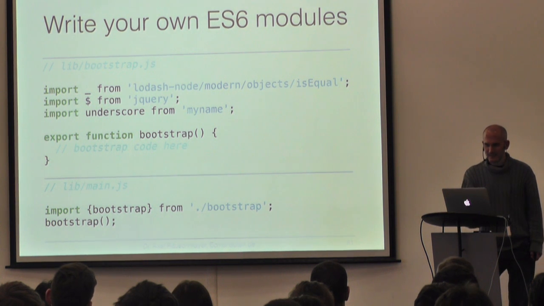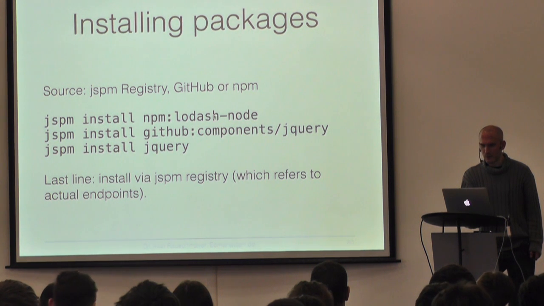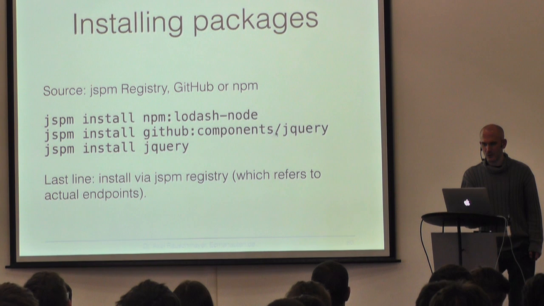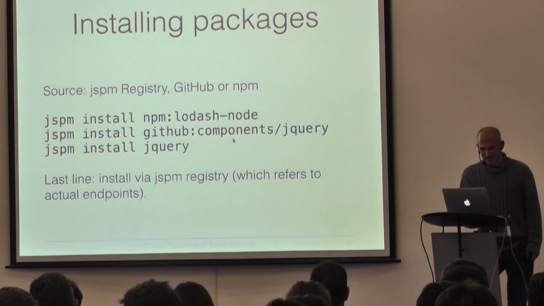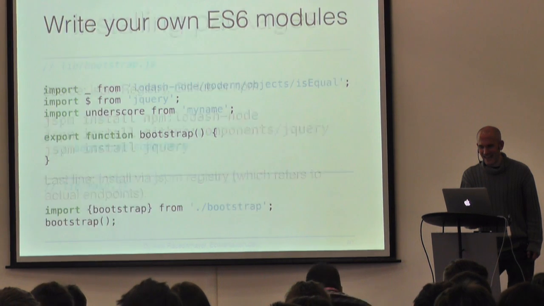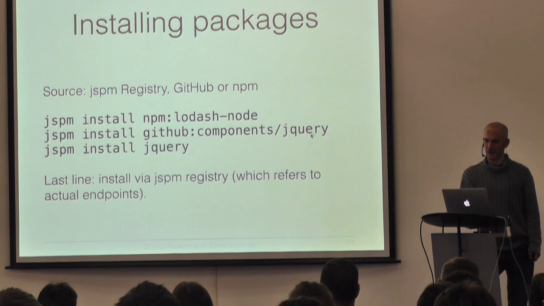And the next step is, so now you've installed stuff that you need. You've installed Lodash, you've installed jQuery twice, but this is only for demonstration purposes. So all you want is two libraries, and those are Lodash and jQuery.